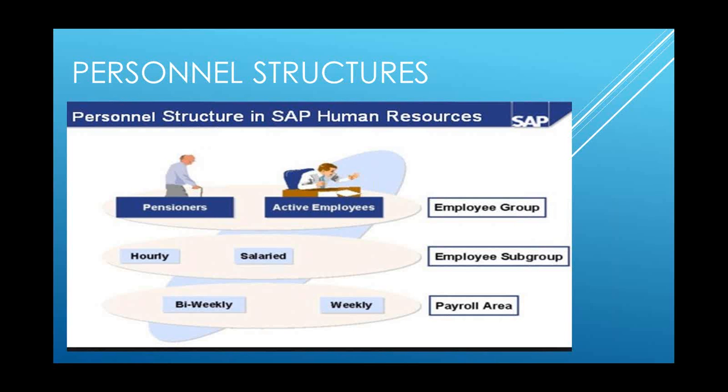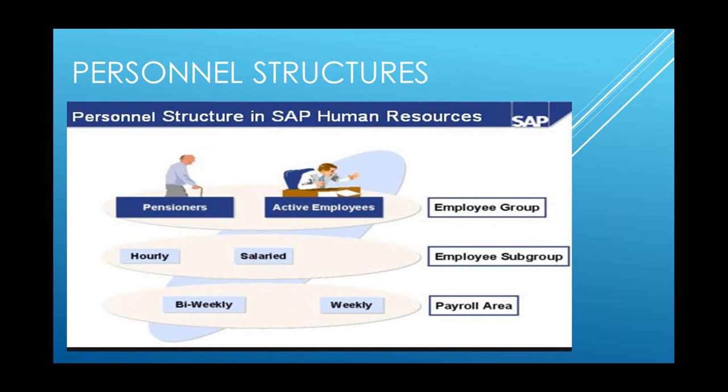Moving on to another important structure, the personal structure in SAP HCM. On top you have the employee group, which is the general classification of employees in the organization, such as pensioners and active employees, and you have the employee subgroup, which is the subdivision of employee group, and it's more specific.